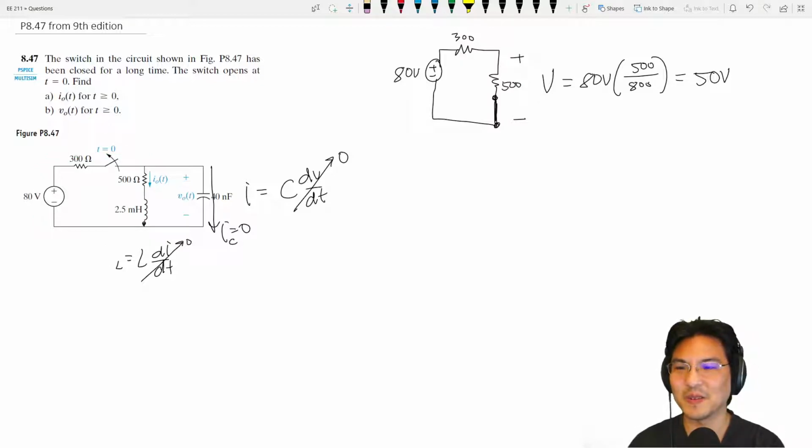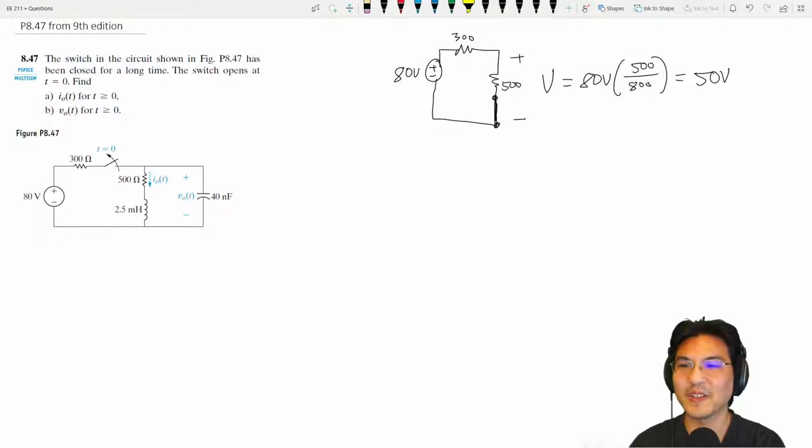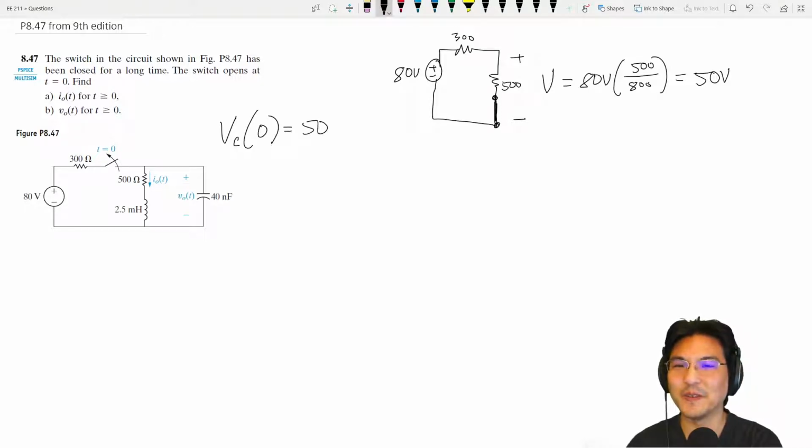Let me erase all my mess over here. Okay, so across here is 50, across here is 0, which means across here has got to be 50. So the voltage across the capacitor at t equal to 0 is 50.